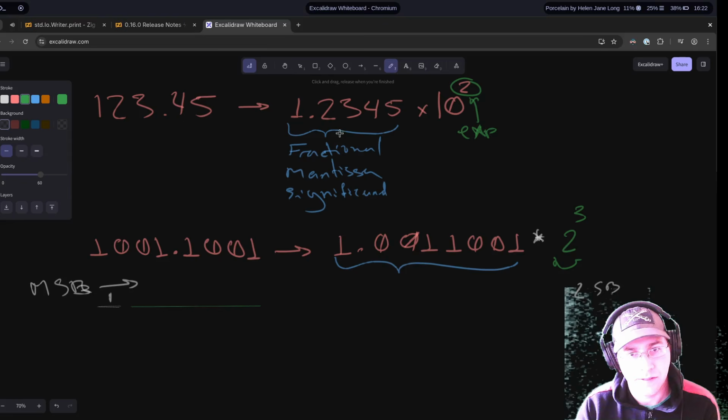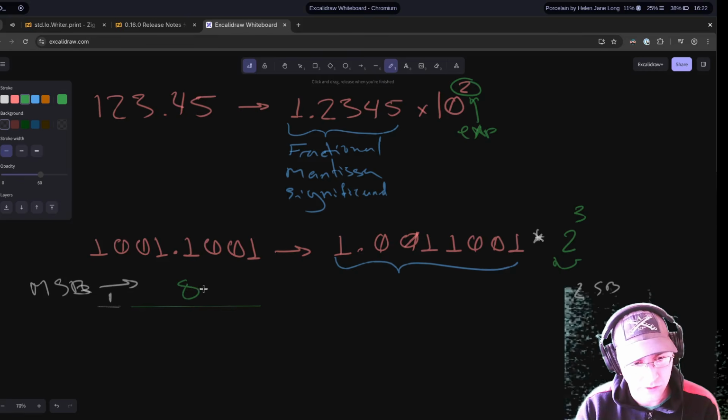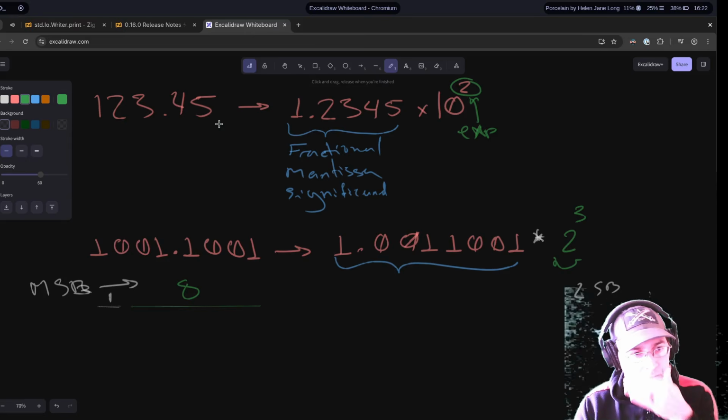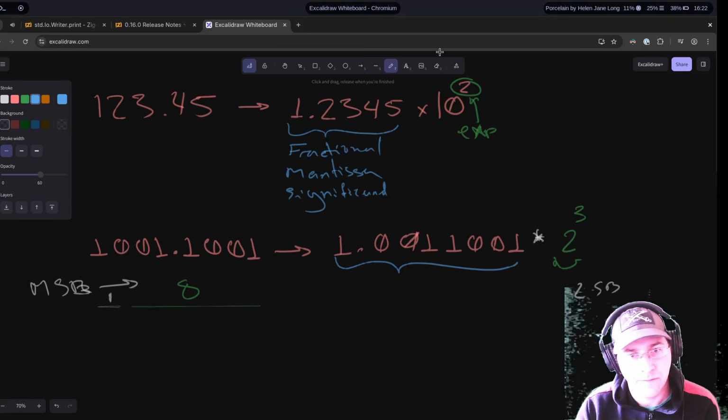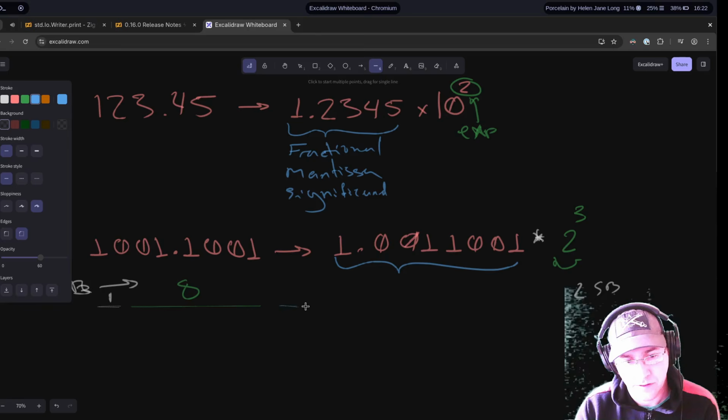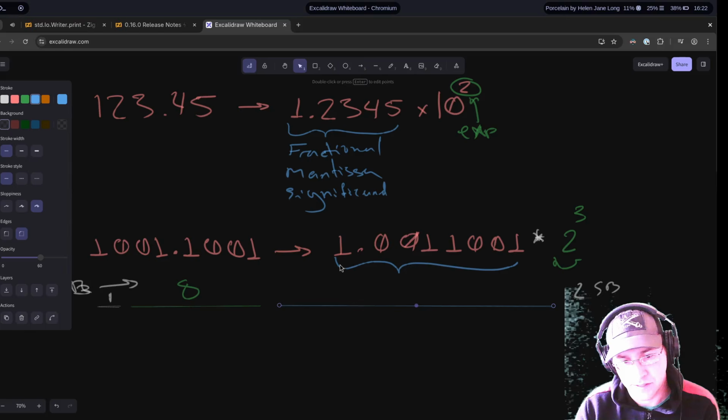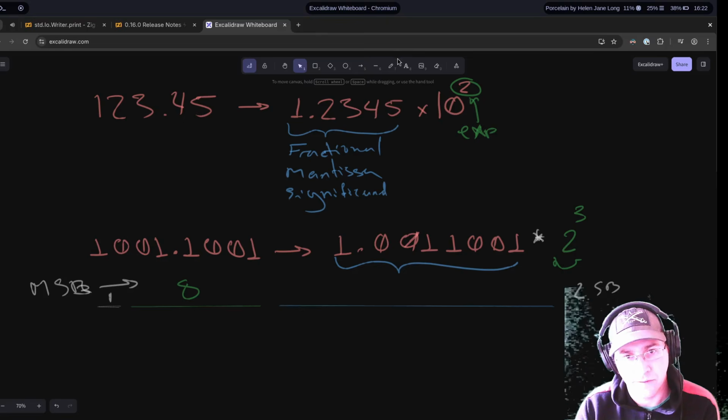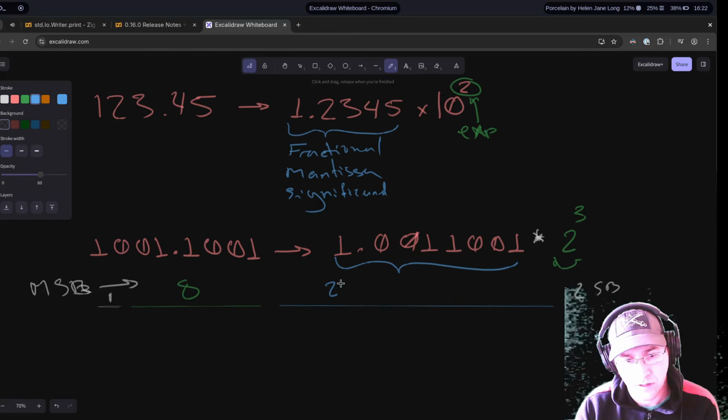These 8 bits are used to encode the exponent. And finally, we have 23 bits here, the rest of the 32-bit number. We can check 23 plus 1 is 24 plus 8 is 32. So yes, the rest of the 32-bit number represents the fraction.